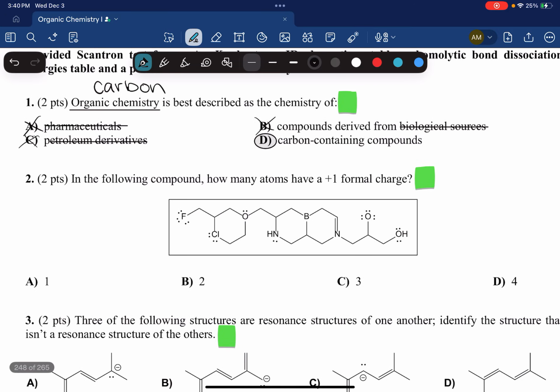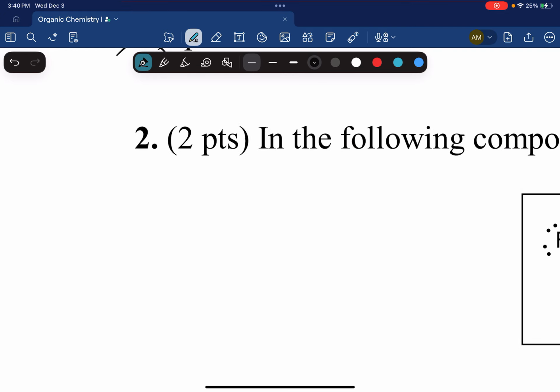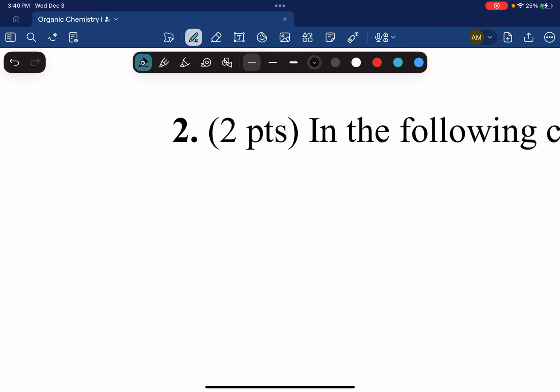Okay, moving on. How many atoms have a +1 formal charge, right? So formal charge starts off with your total valence electrons, which is found in the periodic table columns, right?